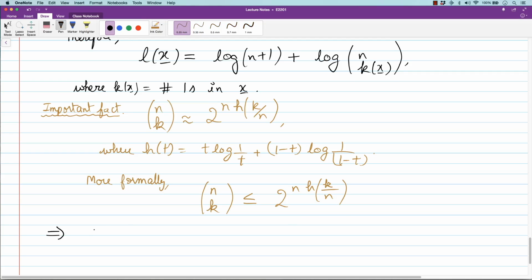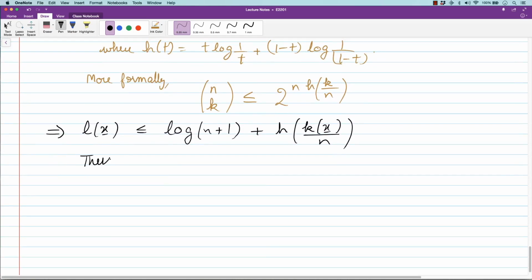This implies for our scheme, the length L(x) that we use is less than or equal to log of (n plus 1) plus log of 2 to the power n h(k by n). So that's just n h of k(x) by n, where h is the binary entropy function.